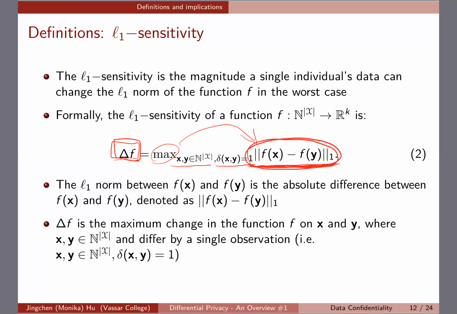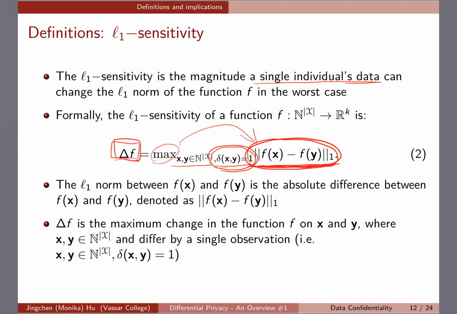Putting it into plain English, that's what the first bullet point is about. The L1 sensitivity is the magnitude, that's the L1 norm, a single individual's data can change the L1 norm of the function. A single individual data point is captured by delta(x,y) equals 1.